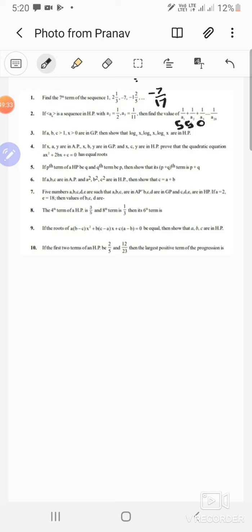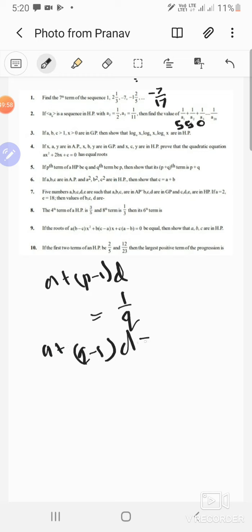So the pth term of the harmonic progression is q, which means that the pth term of the corresponding arithmetic progression, which you get when you reverse the harmonic progression, will be 1 by q. So a plus p minus 1 into the common difference d is supposed to be 1 by q. And similarly you have a plus q minus 1 into d is supposed to be 1 by p.